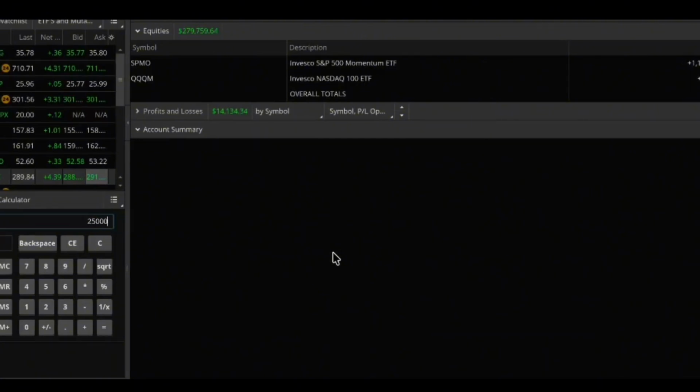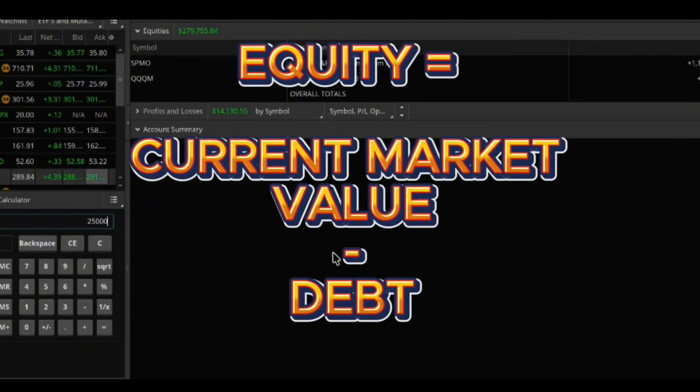Now, you guys, let's say this. Now that we know our margin requirement, we need to keep a buffer of $25,000 in comparison to the amount of debt we took out. We essentially need a $25,000 buffer difference between the debt we took out and the amount of equity we have. Because remember, equity is the current market value minus the debt.